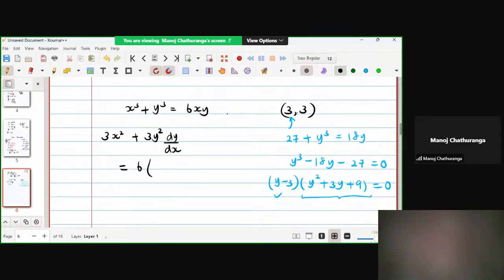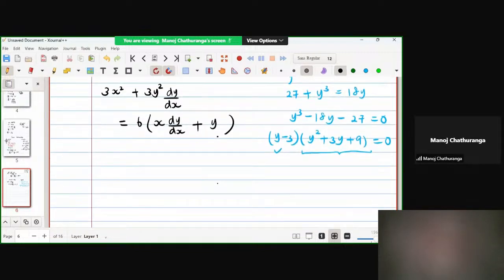So we need to use the product rule. The derivative of x times y is x times dy over dx plus y times the derivative of x, which is 1.